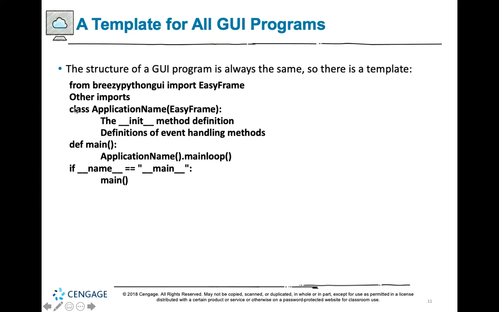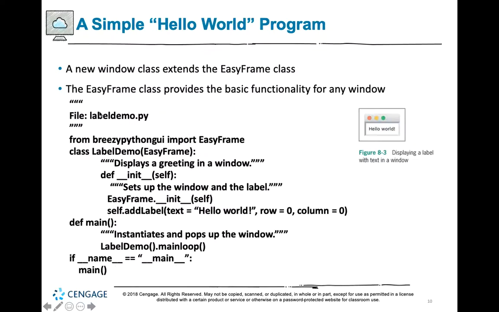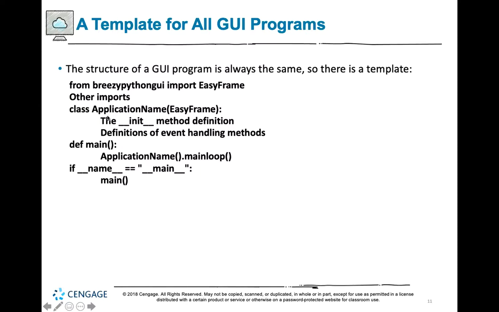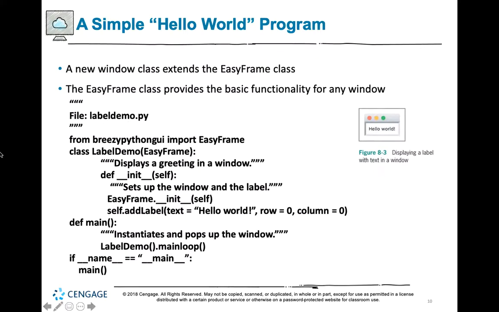And then you're going to define a class, and you're going to call it whatever you want to call your window that's going to pop up. So we called our last one LabelDemo. And then we're going to have the init method definition. So like we had before, def __init__(self). It will always say that. And then it's always going to say EasyFrame.__init__(self).